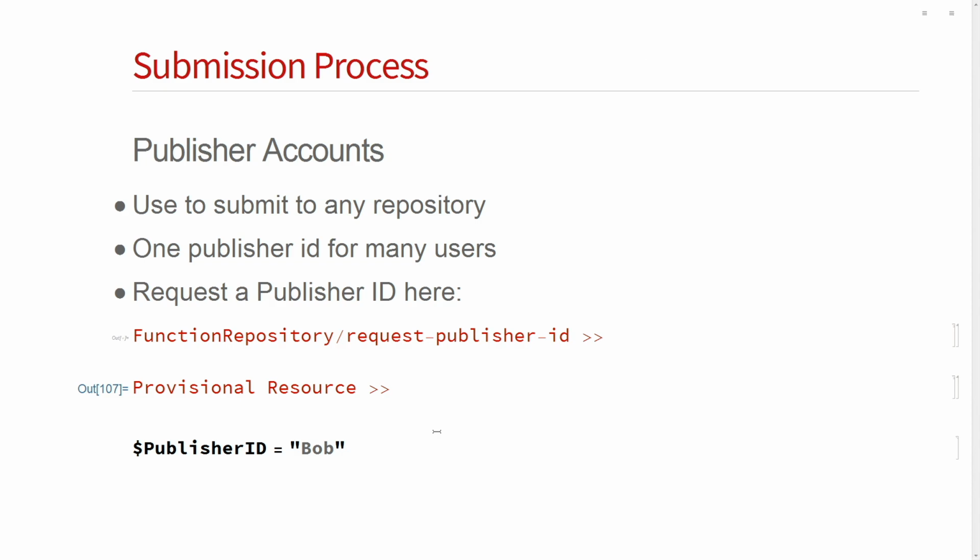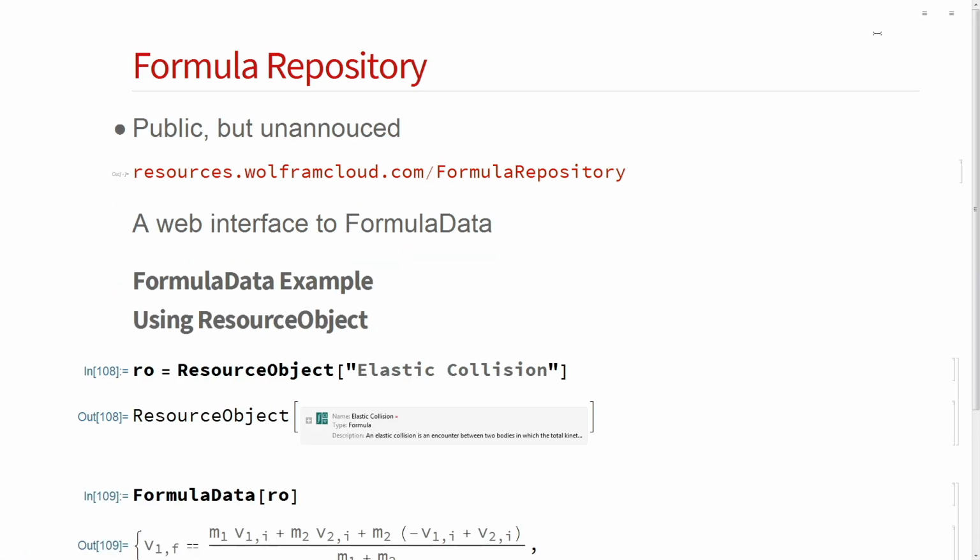And if that's the case, you can set $PublisherID before you click that button, just set it to whichever one you want to be associated with it, and that'll work. Or you can use ResourceSubmit, which has a publisher ID option. I don't think that's an issue for many people yet. So that's sort of the function repository and resource functions in the submission process.